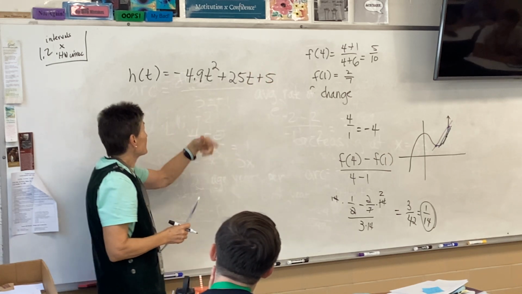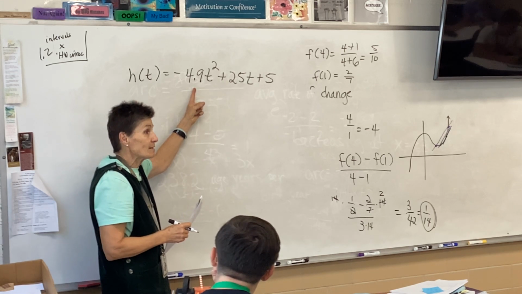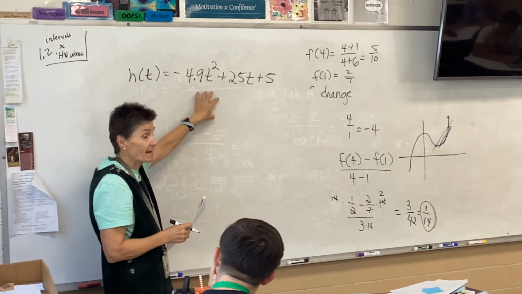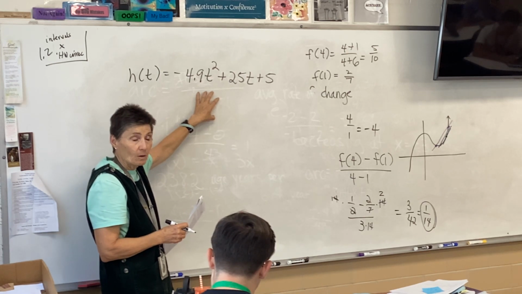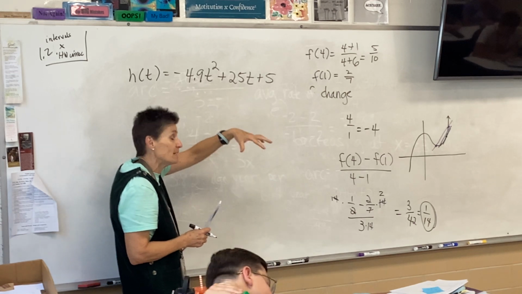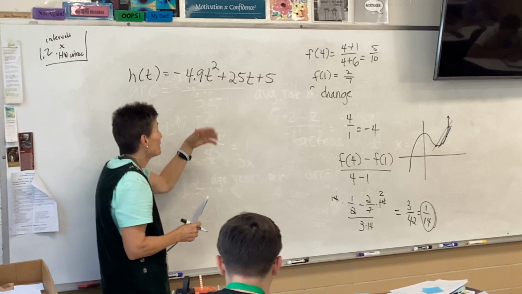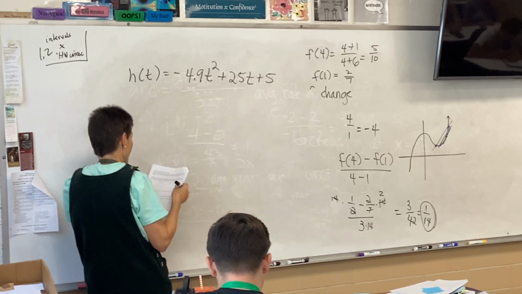The one we did a few days ago had a -16 here, because that one was in feet. This height is going to be measured in meters. Okay, so if you're in meters, it's always going to be -4.9. If you're in feet, it's always going to be -16. Same formula. Initial velocity, initial height, same formula.